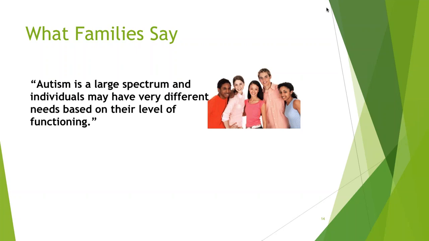And then folks, such as my brother, who need support 24/7, that are not independent and need help with everything. That's a huge spectrum of functioning, and we just need to be aware that there is not one way that autism spectrum disorder is demonstrated.